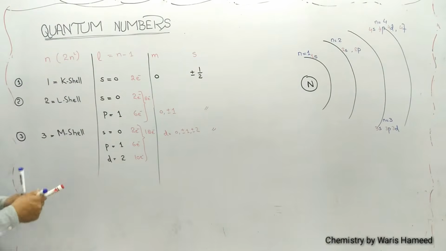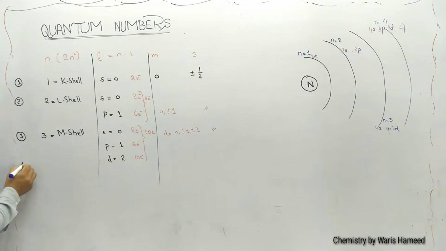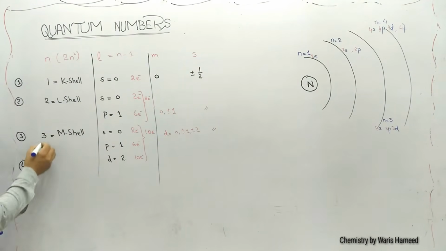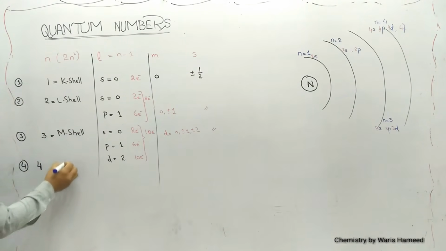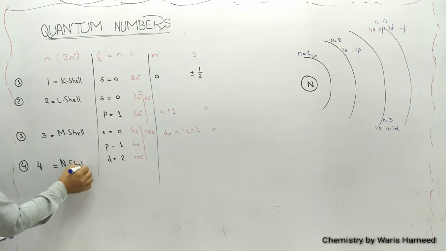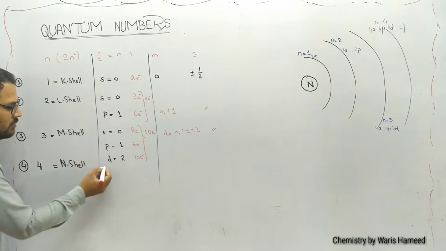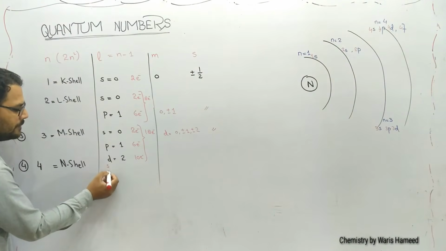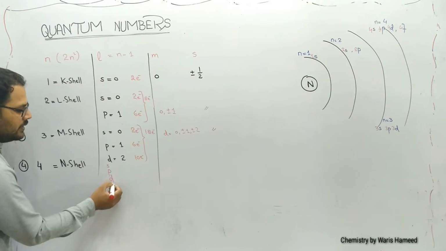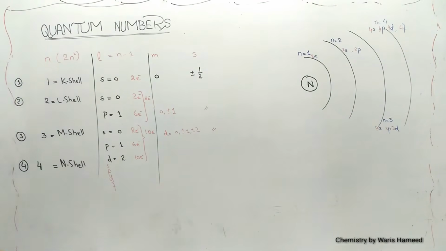If n is equal to 4, then it will be the N shell, and it will have azimuthal quantum numbers s, p, d and f.